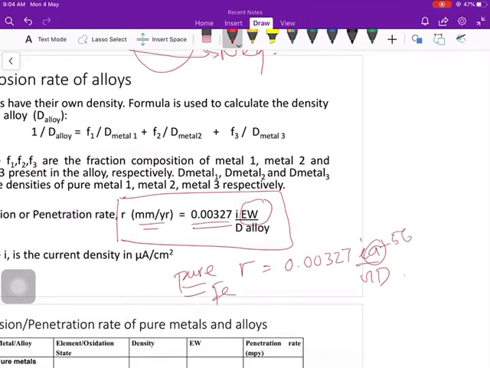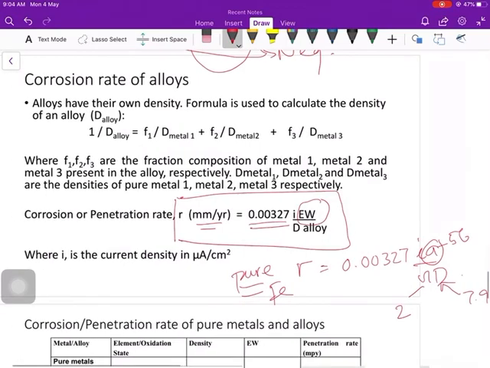For example, pure ferrum: the atomic mass is 56, the electron number is 2, and it has its own density, for example 7.9 gram per cm cube. But when it is an alloy, you must consider the equivalent weight because it has more than one element.